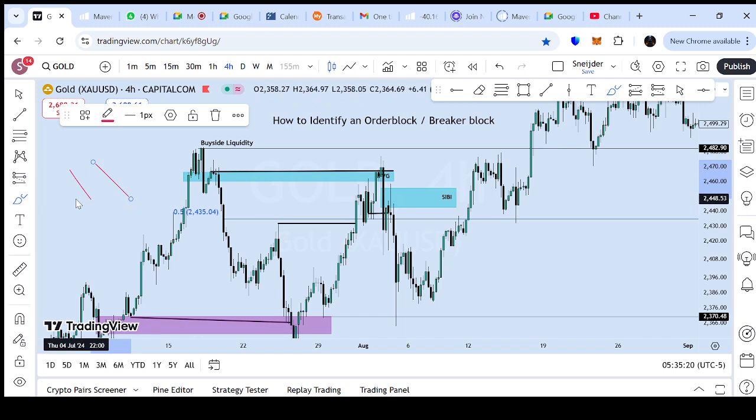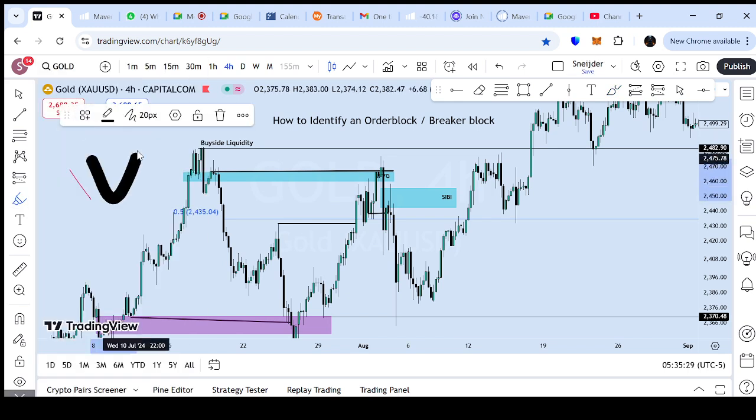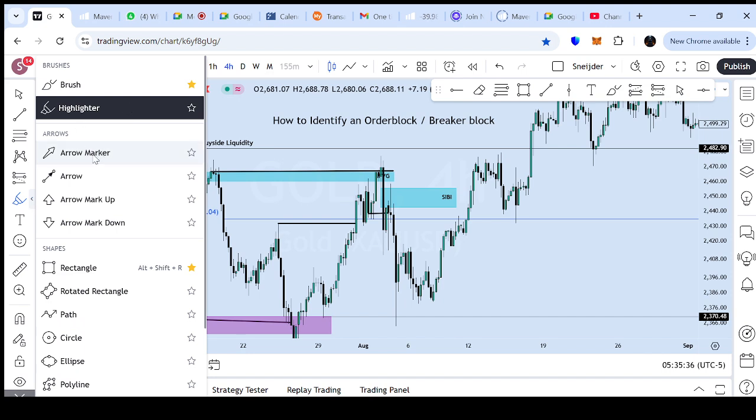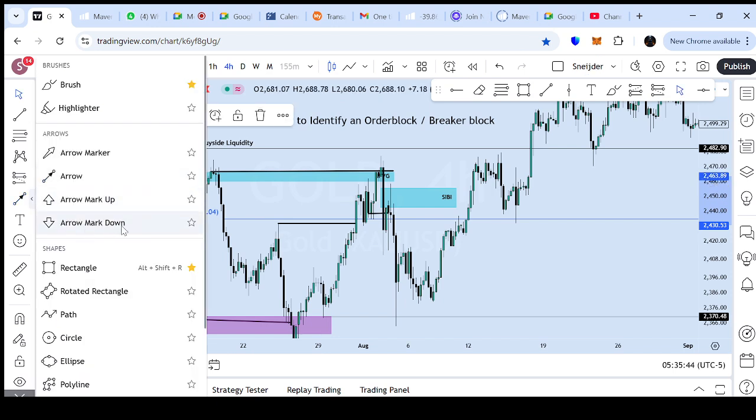Maybe you want to draw a line, the second one, highlighter, something like this. But not everything you make use of. So we have arrow marker, we have arrow, something like this. We have arrow mark down.